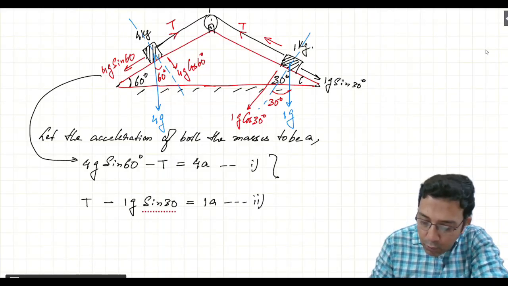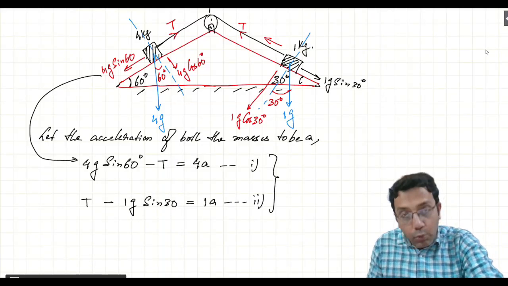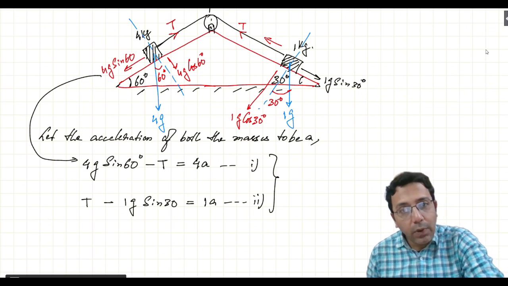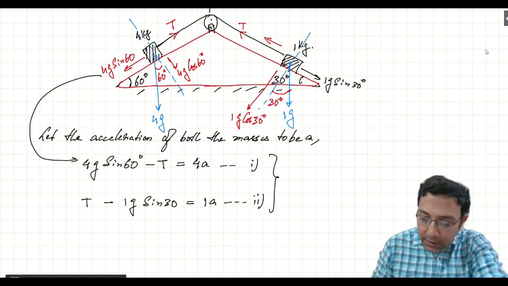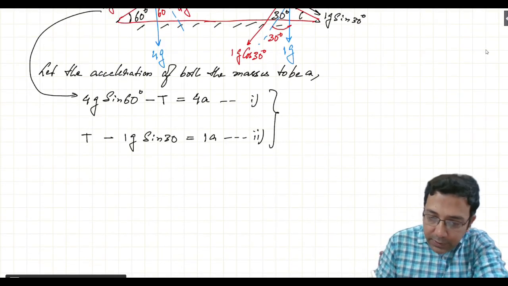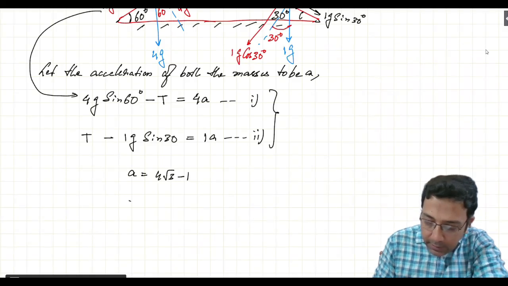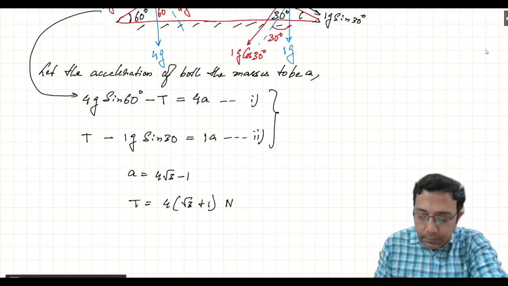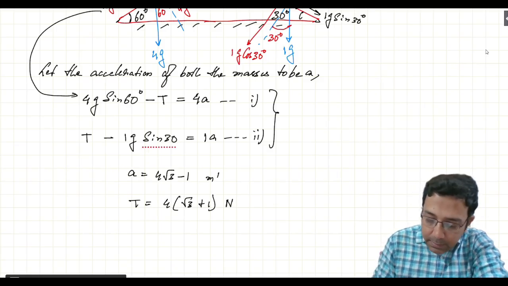So these are the two equations we got. Two equations, two unknowns: one is T, the tension, and one is a, the acceleration. If I solve these two equations, we get a to be 4 root 3 minus 1, and T we get 4 into root 3 plus 1 Newton. The acceleration is in meter per second squared.